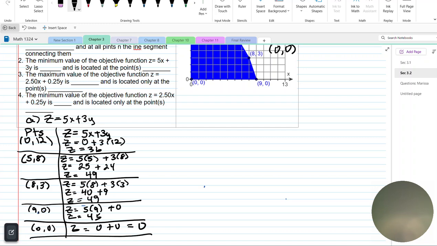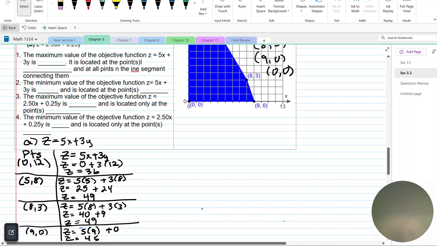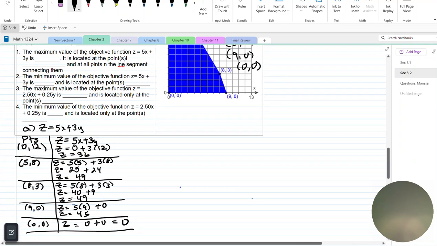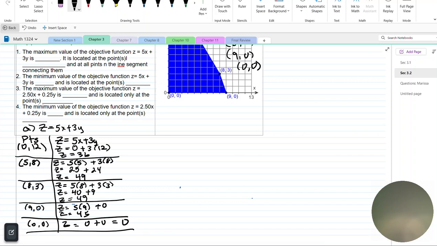All right, so let's answer about that. The maximum value of the objective Z equals 5x plus 3y is, okay, 36, 49. I have two 49s, 45 and 0. What happens here? Well, we've got two of them. So we're going to say 49 is located at two points, and one of them is 5/8.